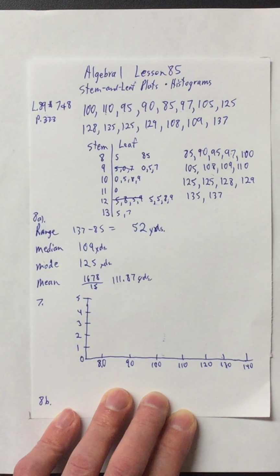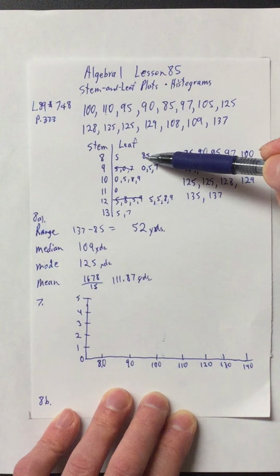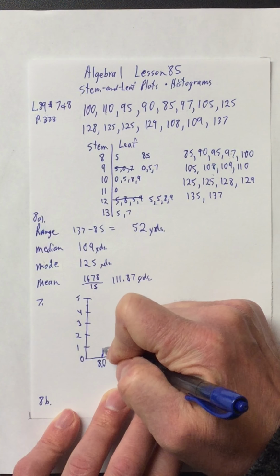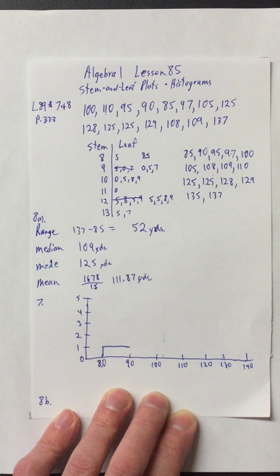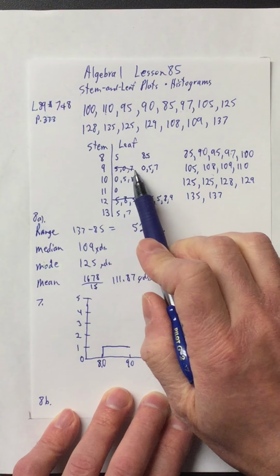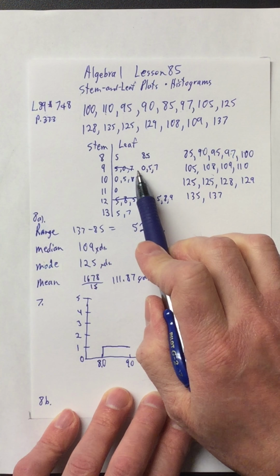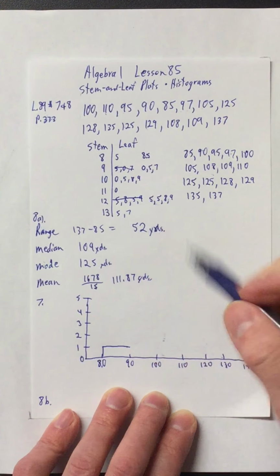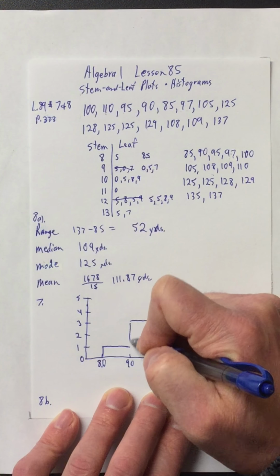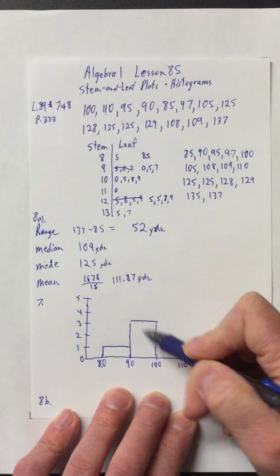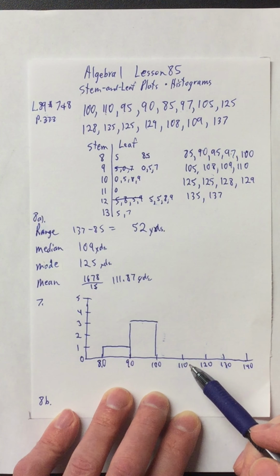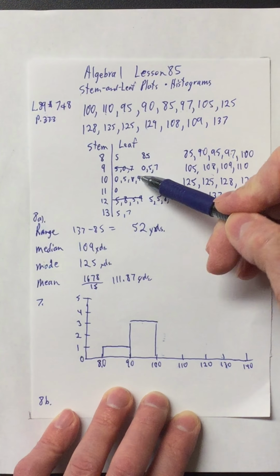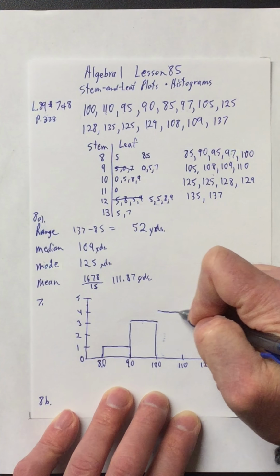I ask myself, how many numbers show up between 80 and 90? Well, that's only one. So I'm going to draw a bar graph that just goes up to the 1. Between 90 and 100, I look back to my stem and leaf plot, and there are 3 numbers inside of that grouping. So I'm going to come up to the 3 line on my bar graph and just show that there's 3 in that category. Between 100 and 110 is actually 4 numbers, so a little higher.